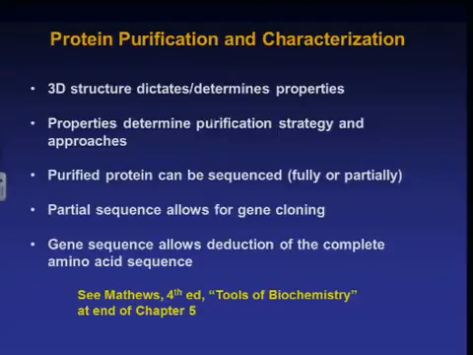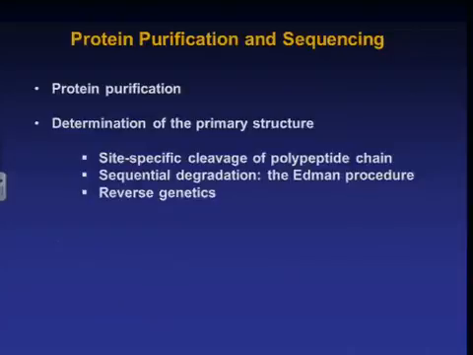Okay, and if you want to know a little bit more about this, look at the tools of biochemistry at the end of chapter 5. All right. So we're going to briefly go over some of the strategies and approaches during protein purification, and then a determination of its primary structure.